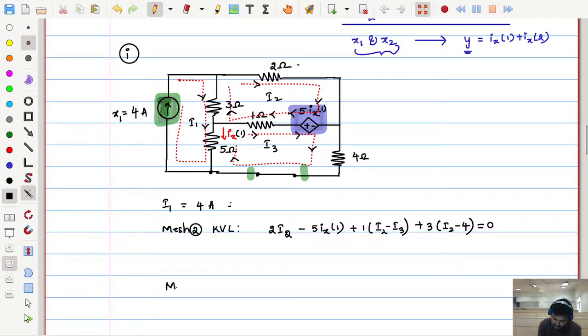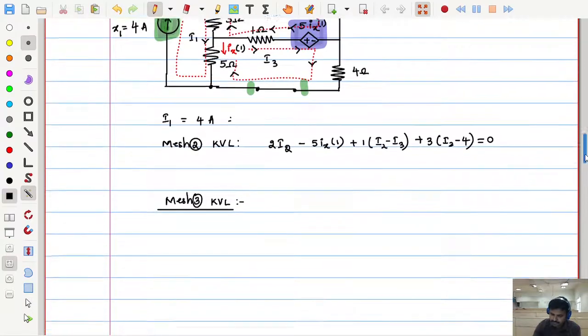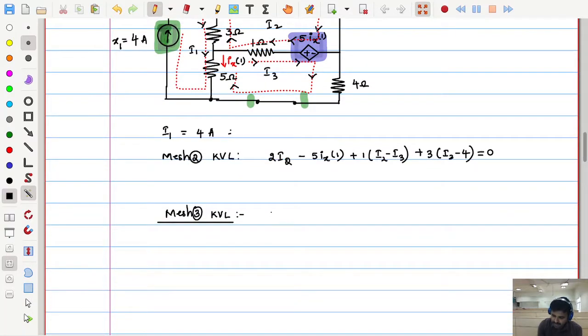So next is the mesh 3 KVL equation. Let us see what the KVL equation for mesh 3 will be. So what we get? 1 into (I3 minus I2) plus 5Ix1 plus 4 into I3 plus 5 into (I3 minus I1).